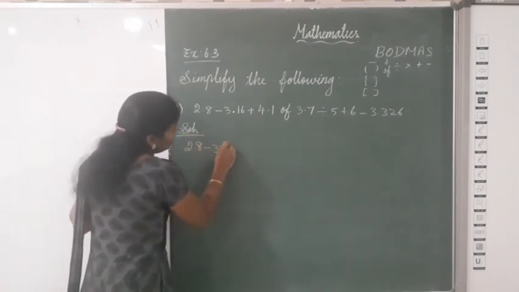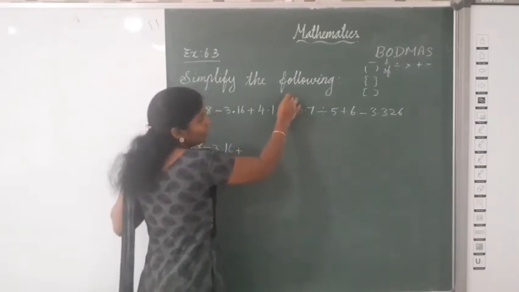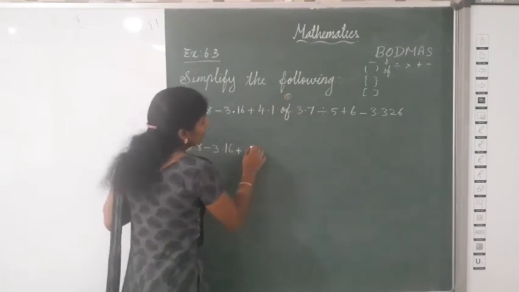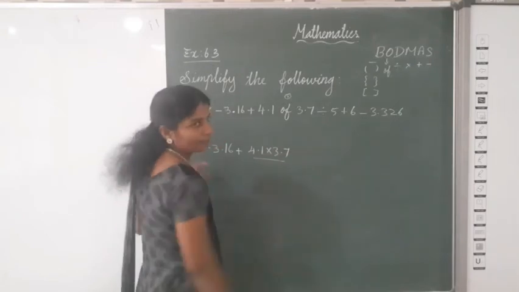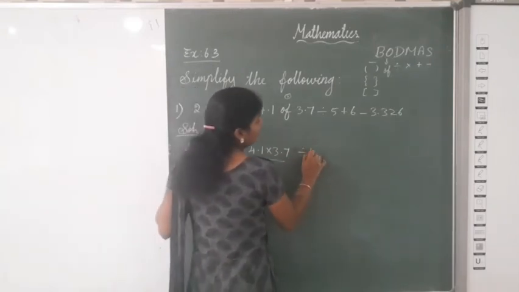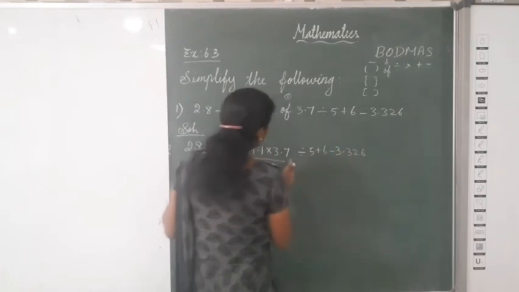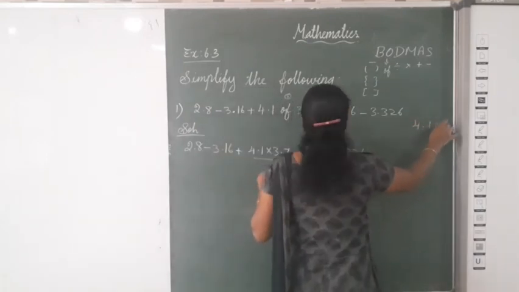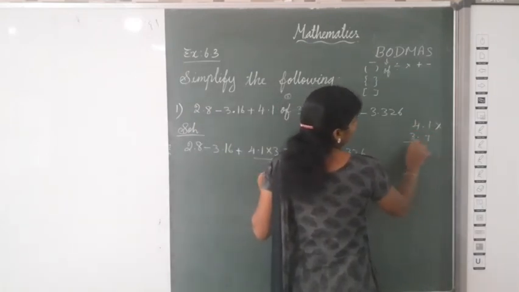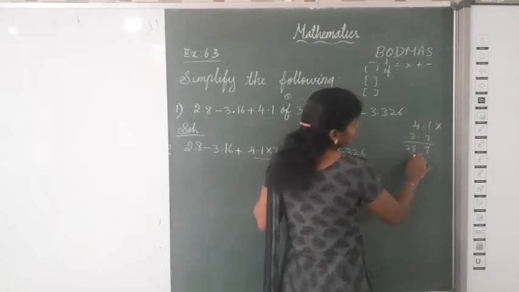2.8 minus 3.16 plus 4.1 of 3.7, this means multiplication. So 4.1 into 3.7, divided by 5 plus 6 minus 3.326. Now we multiply these two decimal numbers, 4.1 into 3.7. 1 into 7, 7. 7 4s are 28. 1 3 is 3. 4 3s are 12.